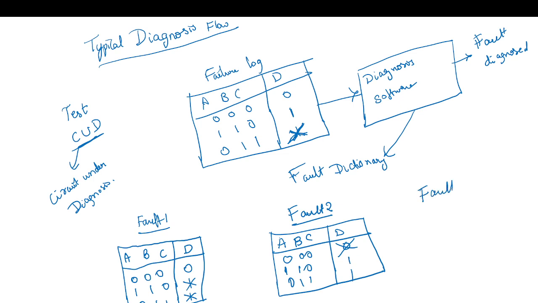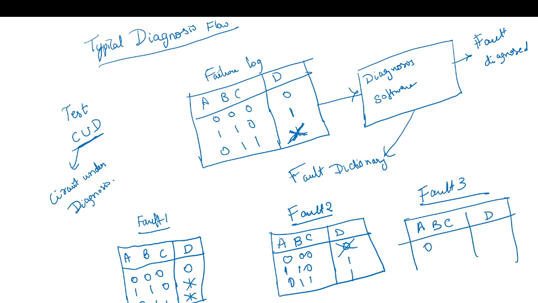For fault 3, we observe that only this pattern is failing and this. So this failure log resembles the fault dictionary of fault 3. So fault 3 is diagnosed.